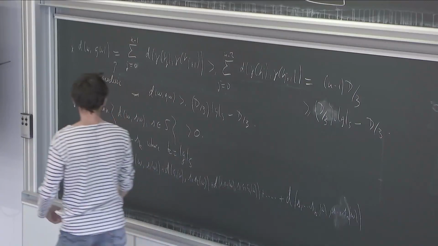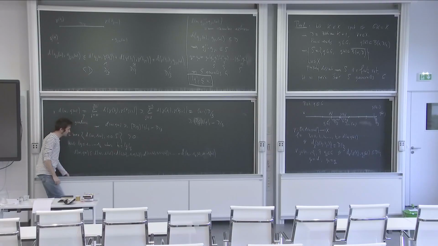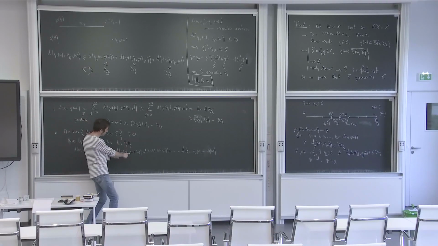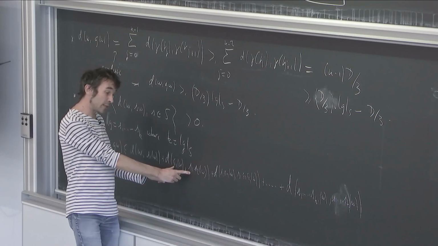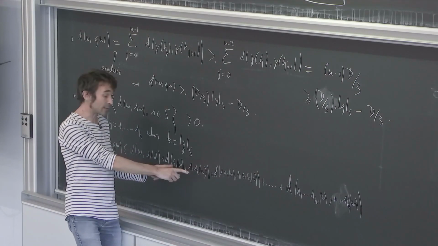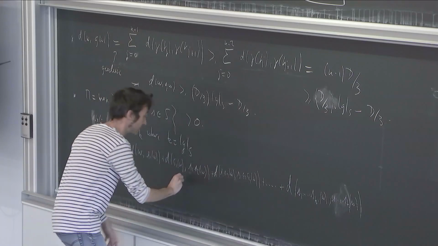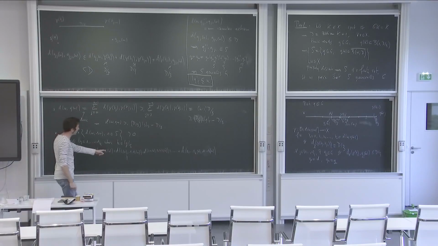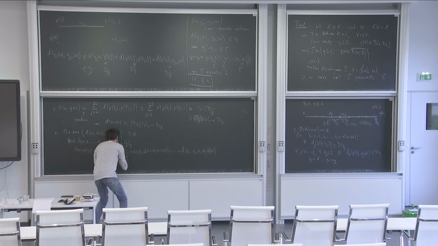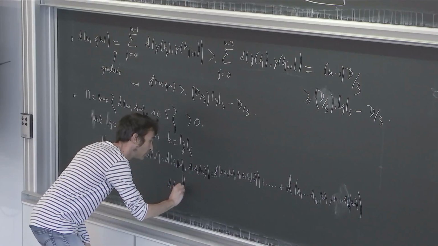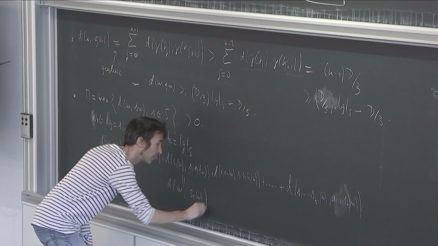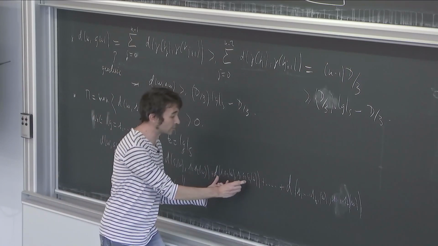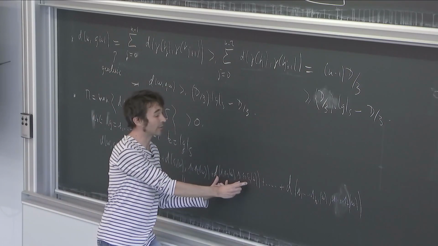Okay, and so now the trick is the following. My group acts by isometries. So here I have S1 on the left in both terms. So then this distance, if I compose these points by the inverse of S1, is exactly the distance from W to S2 of W. Now here I have S1 S2 on the left that are in common.